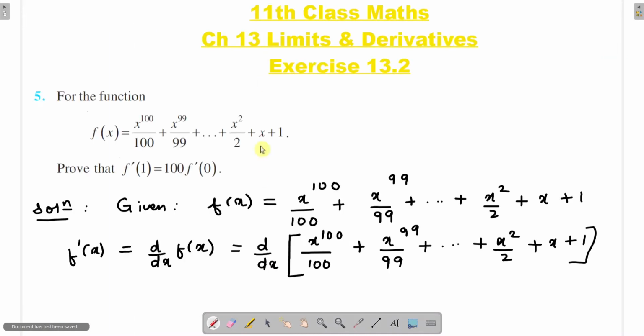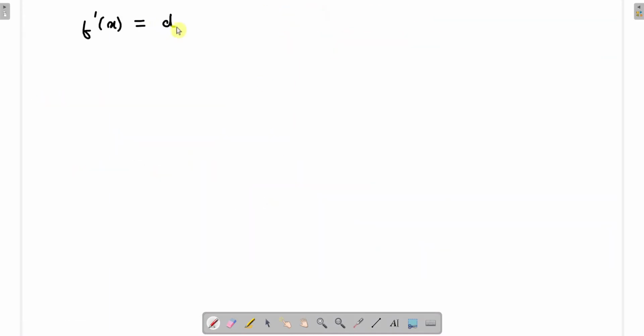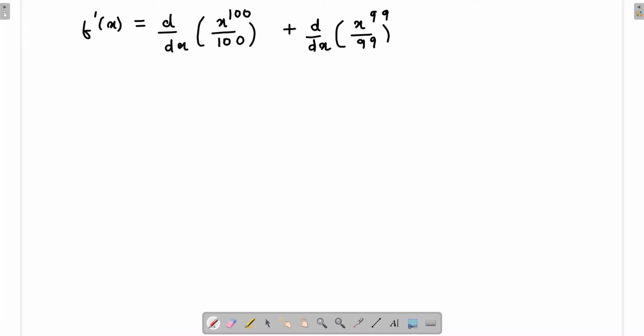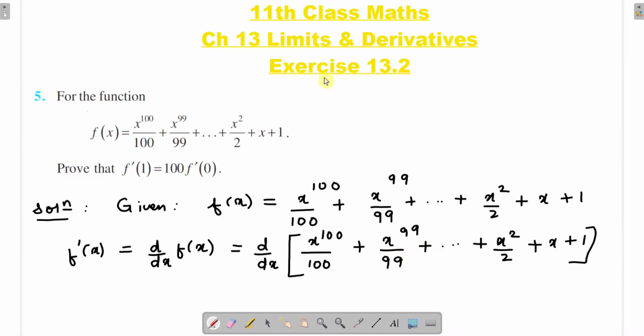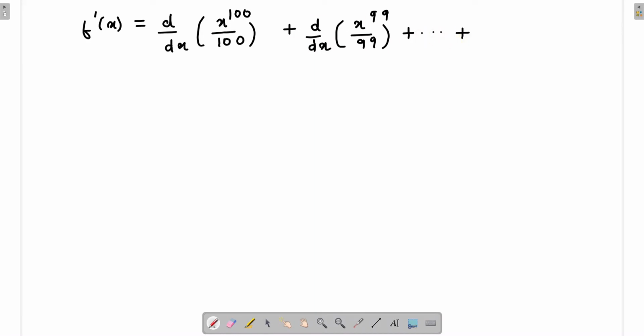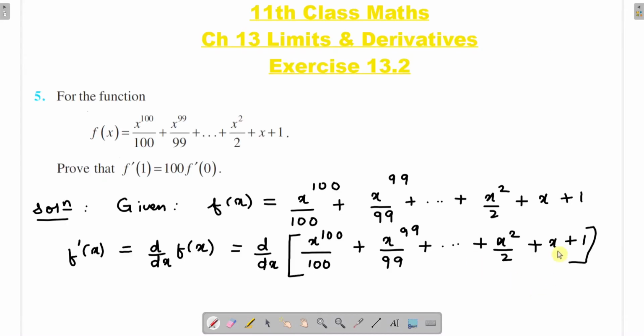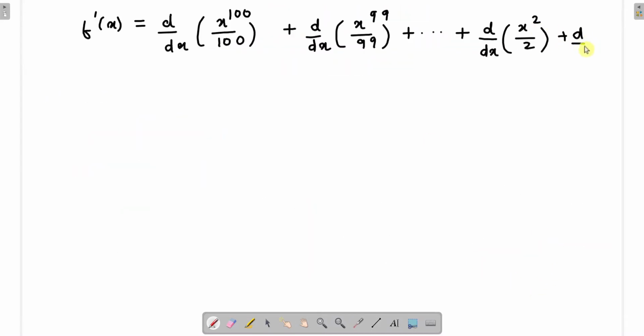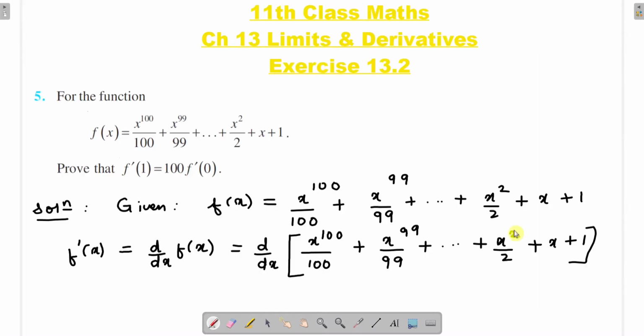So this will be equal to the derivative of the first term, d by dx of x raised to 100 divided by 100, plus the derivative of the second term, d by dx of x raised to 99 divided by 99, then and so on plus the derivative of x square by 2, then we have the derivative of x, so plus d by dx of x, and we have the last term as the derivative of the constant 1.